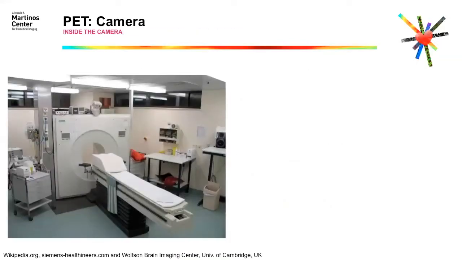Okay, so we have the cyclotron producing radiotracer. We know that the positron from the radiotracer will combine with an electron and will emit these two gamma rays, these photons, this light. All we need is a camera. So this is an old scanner, a PET standalone scanner from 10, 15 years ago.